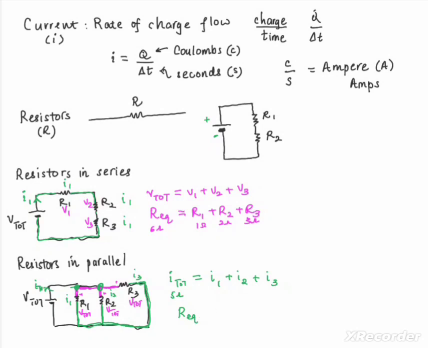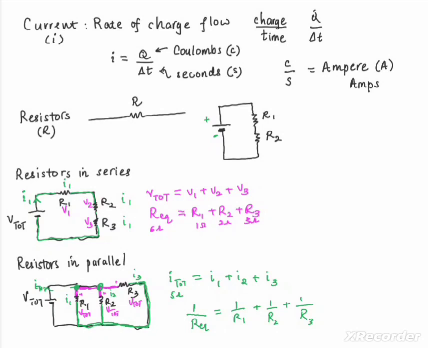Req. We actually have to do the reciprocal. 1 over Req equals 1 over R1 plus 1 over R2 plus 1 over R3. And that's how we find the equivalent resistance in a resistors in parallel circuit.